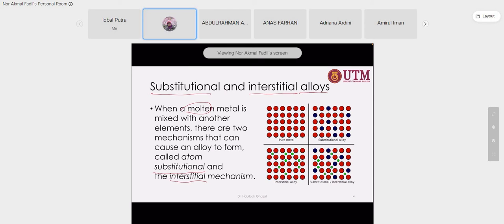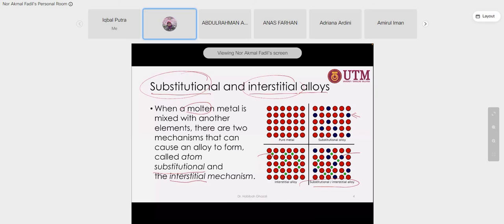Okay. So again, you have learned about interstitial and substitutional in chapter 3, during diffusion, solidification, and when we discussed defects at the atomic level. So these are actually defects. These are the combination mechanisms to form an alloy.